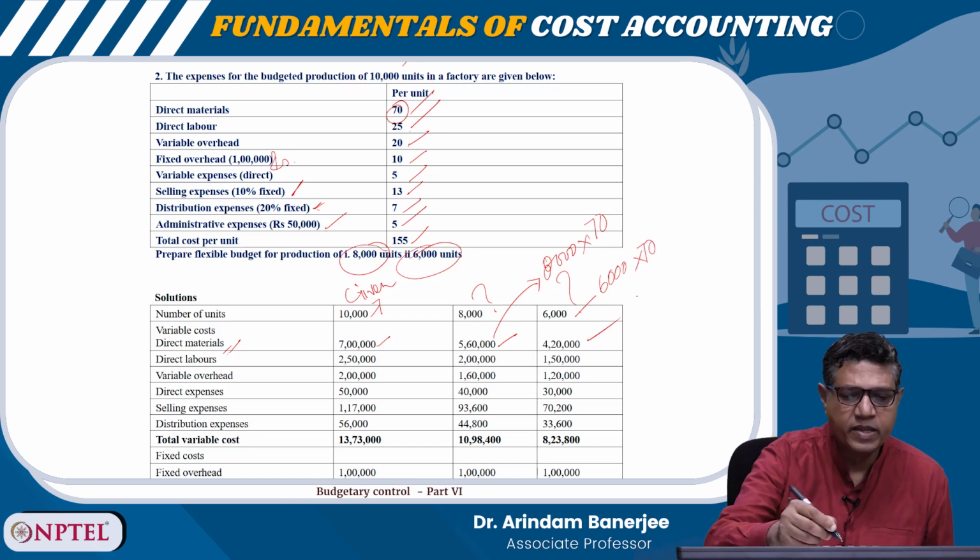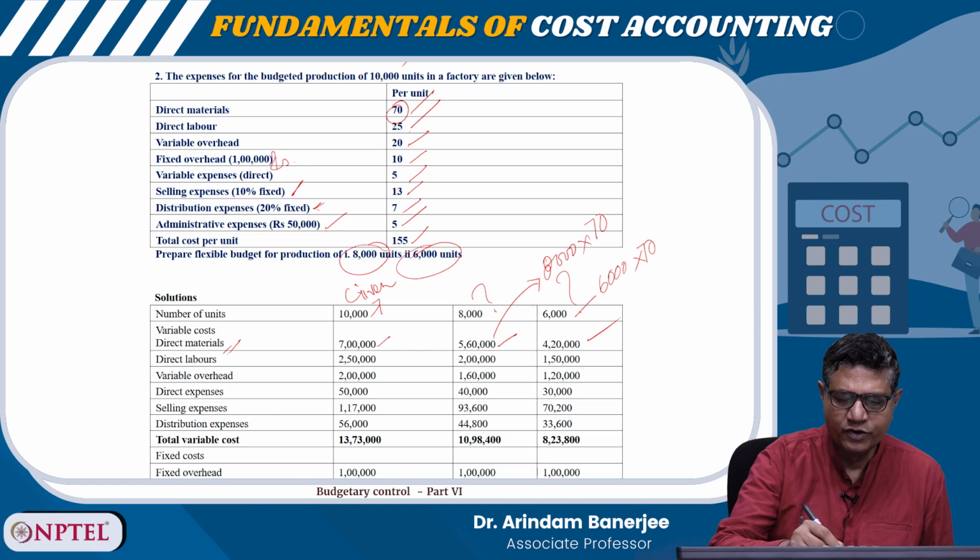Direct labor per unit is 25. So it is 25 into 10,000, which is 2,50,000.